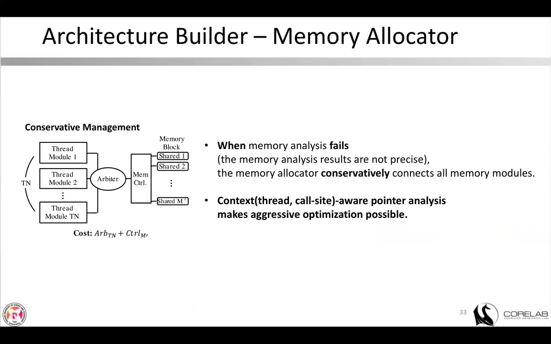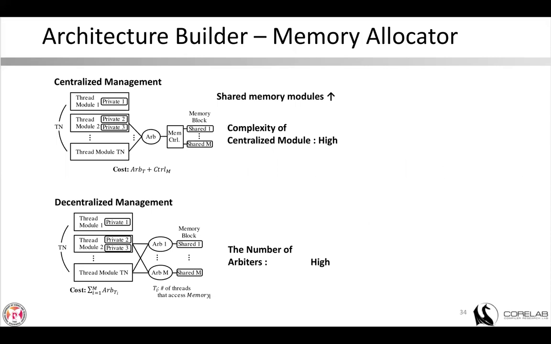To build a memory architecture, several memory management methods can be used. However, if memory analysis fails and the compiler does not know which memory object a memory access should access, then we must conservatively manage all memory modules in only one centralized memory controller. If memory analysis can find all memory access targets, then we have two options.